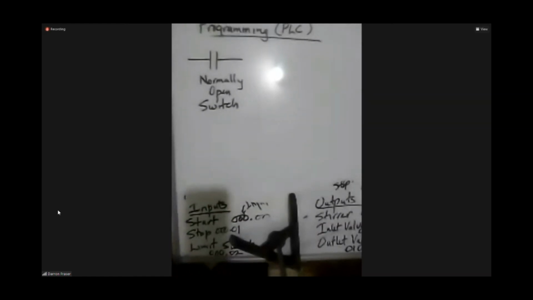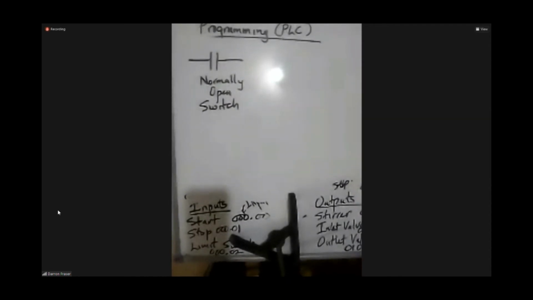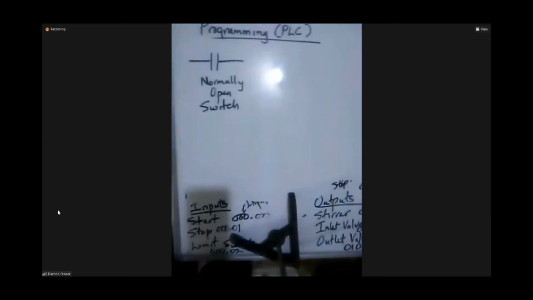That's a symbol for a normally open switch. And a normally open switch is just that, it's normally open. When you press it, so all of the lights in your house, like this light here, is normally open. So it's not on, and when we press it, it's going to turn on.